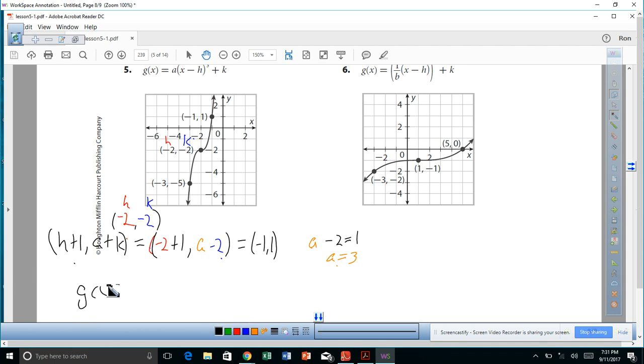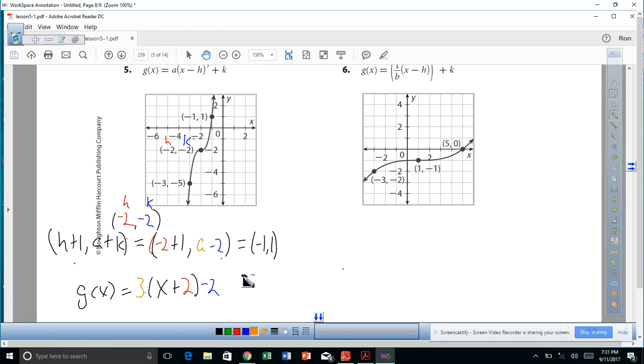G of x equals 3 times x plus 2, and then -2. Not a problem. Not too shabby at all.